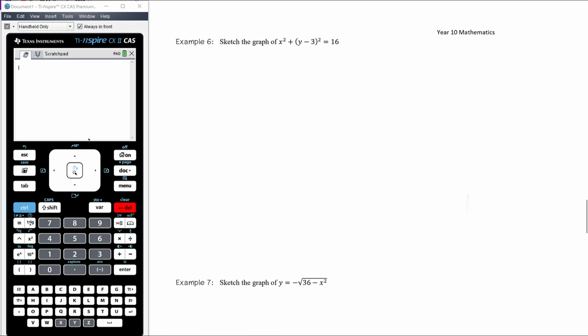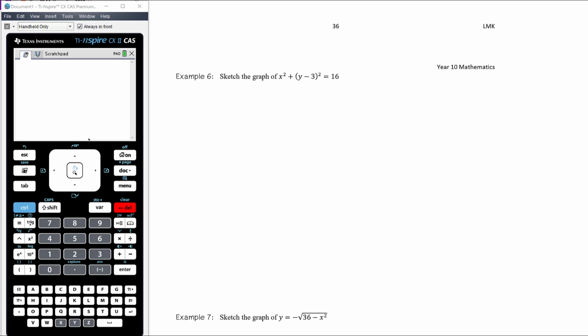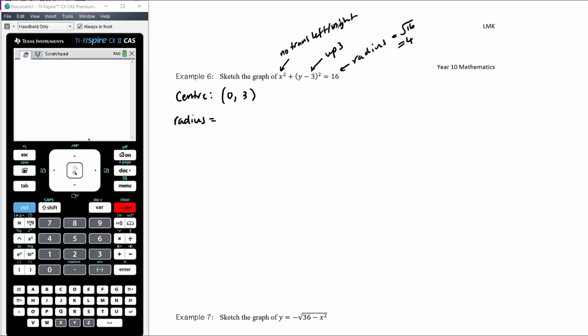Okay, example 6. Sketch the graph of x squared plus (y minus 3) squared equals 16. So no translation left or right, but up by 3, and the radius is root 16, which is 4. So we know the centre is going to be at (0, 3), and the radius is 4.